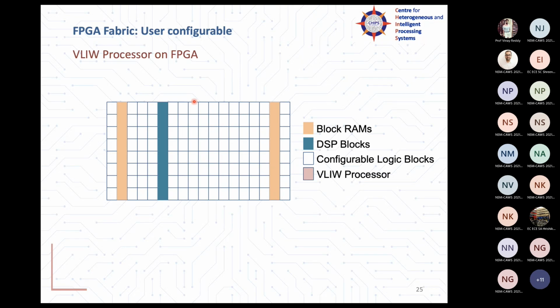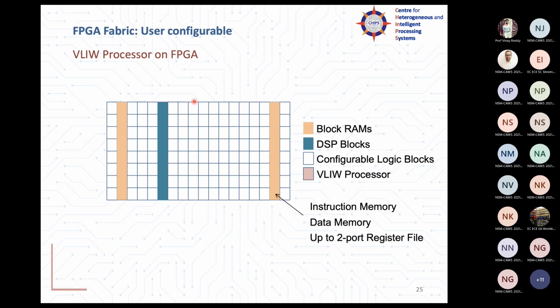You have studied VLIW in the past few days, right? A VLIW processor has multiple ALUs, and it can process multiple operations in parallel, and it has all other things like the instruction memory, data memory, register file, etc. How do I put all of this onto this fabric?